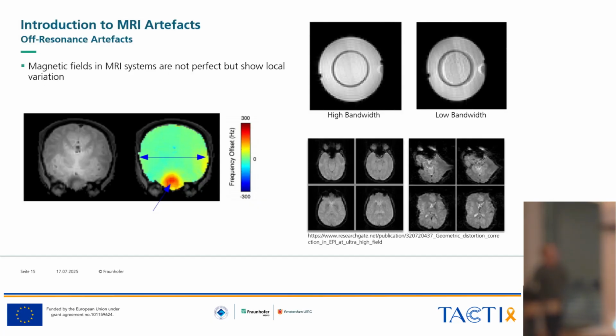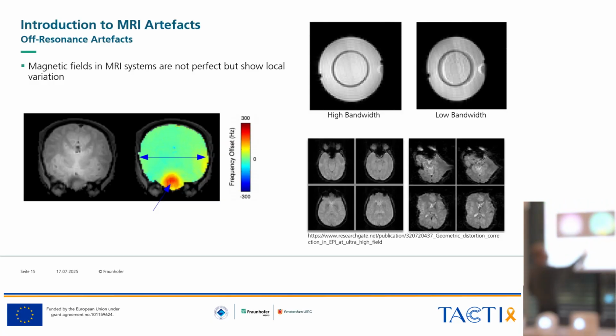So with this formula of the Fourier transform, what is behind that is that your gradient is perfectly linear, and this is related to a perfectly homogeneous magnetic field of 3 Tesla or 1.5 Tesla or something like that. But in reality, what you will see is something like that.